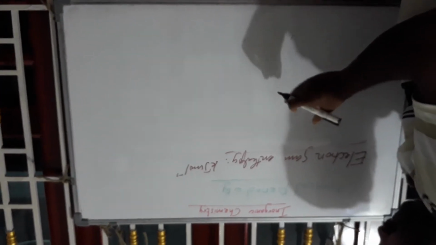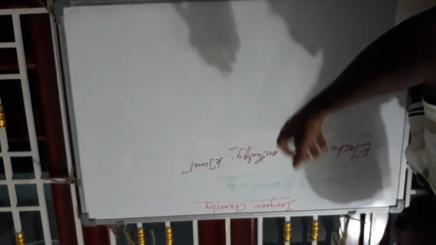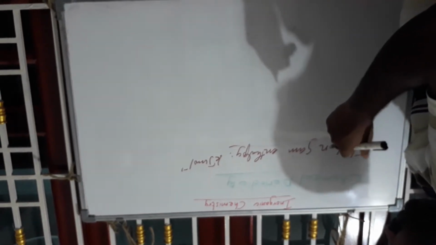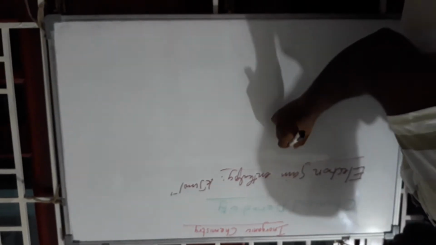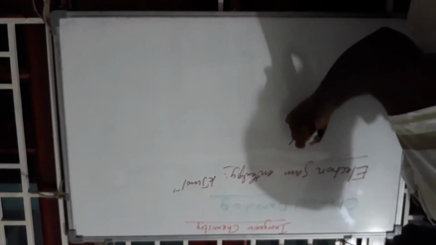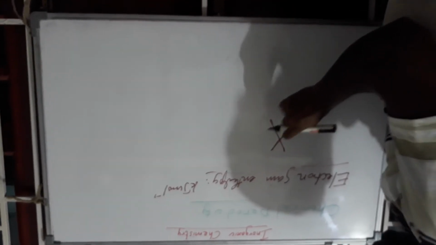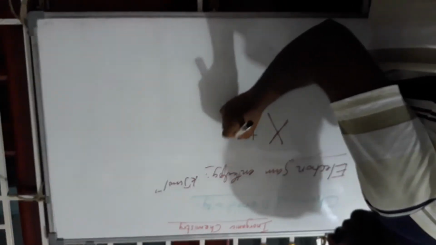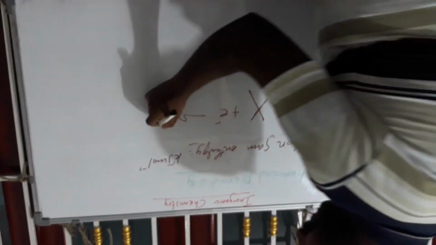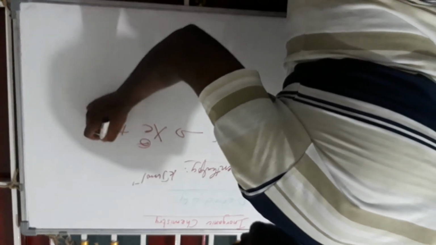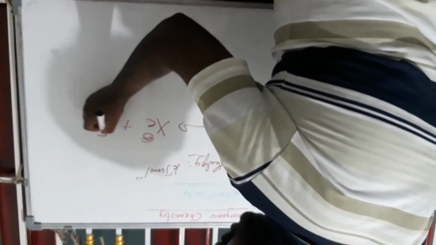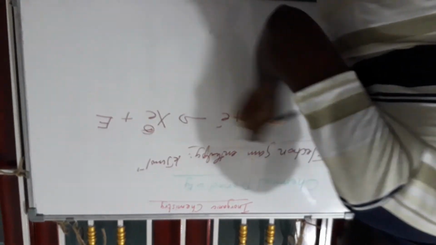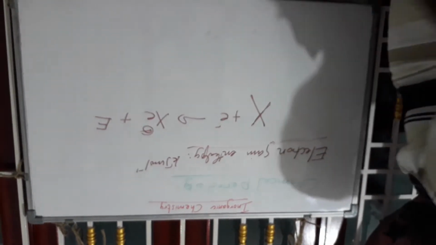Now electron gain enthalpy. For example, take an element X in the gaseous state. While adding an electron to this gaseous atom, it forms a negative ion and some amount of energy is released. This energy is called electron gain enthalpy.